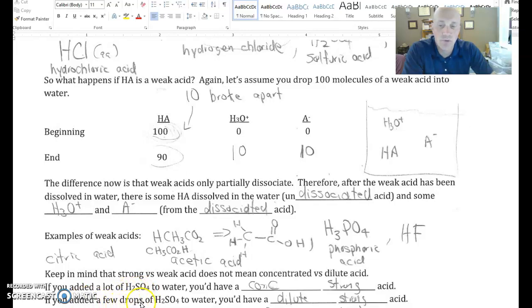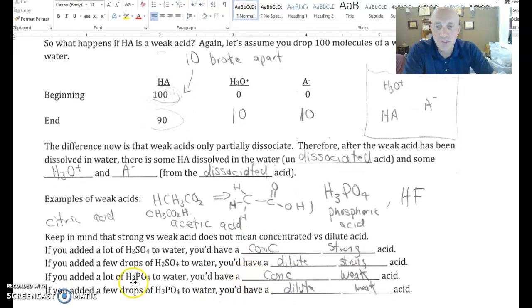If you only added a couple of drops of H2SO4, you'd have a dilute strong acid, which sounds kind of like a disagreement. Dilute only refers to whether there is a lot in the water or a little in the water. Strong refers to whether, when that stuff hits the water, it fully breaks apart or some of it stays connected and some of it breaks apart.